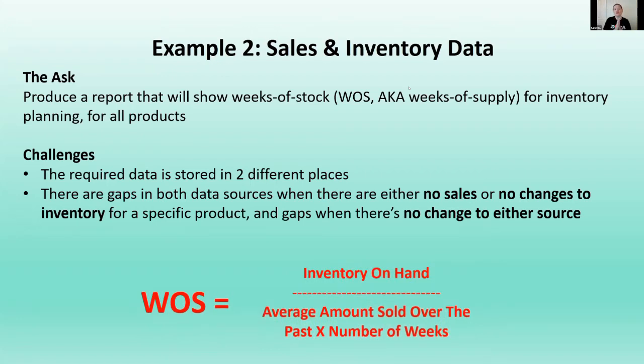What I want to show you here is the calculation for weeks of stock, a well-known metric. You have your inventory on hand as your numerator, and remember that our inventory is in one place. We divide that by our denominator, which is the average amount sold over the last number of weeks, whether that's 6, 5, 4, 3, 2, or 1, however many weeks we want to average our sales over.